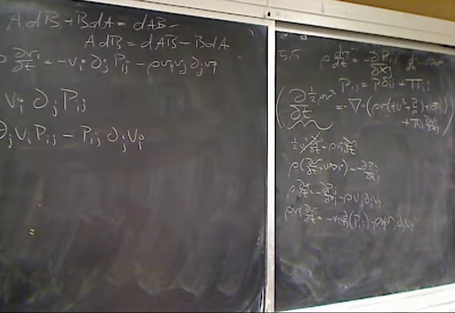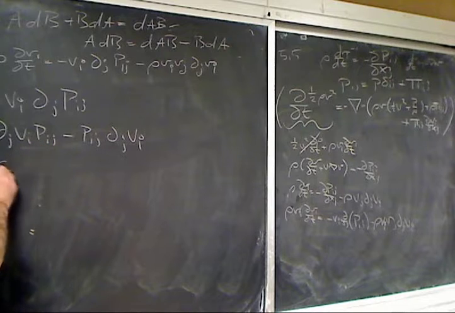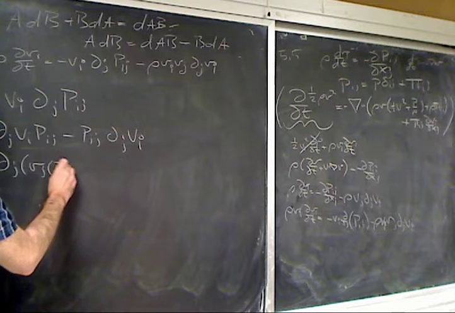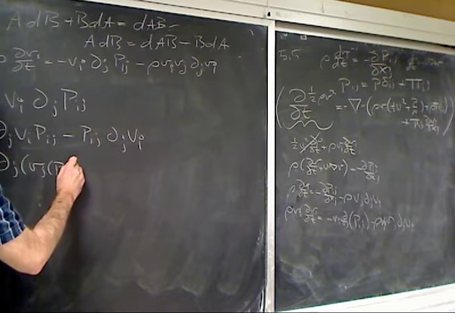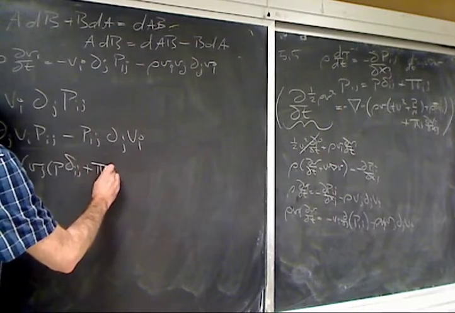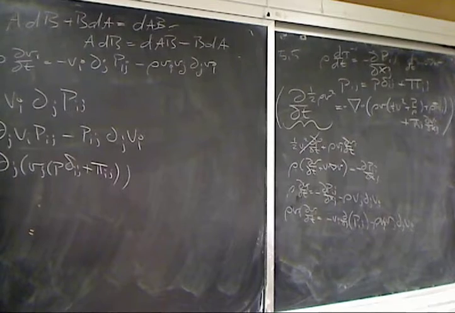That make sense? So this first term, let's expand out what Πij is. This is ρ vj vi plus p δij plus πij. Good.